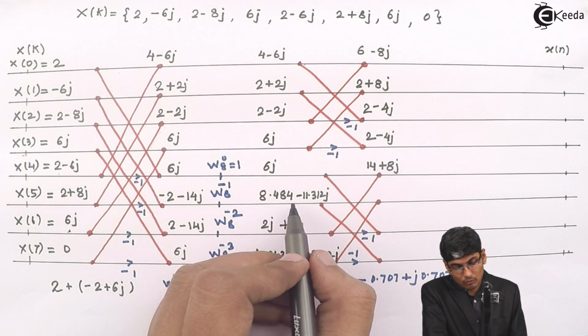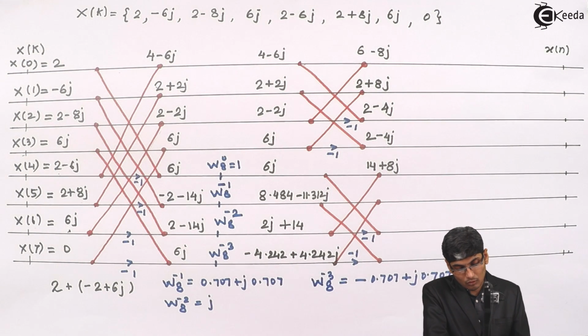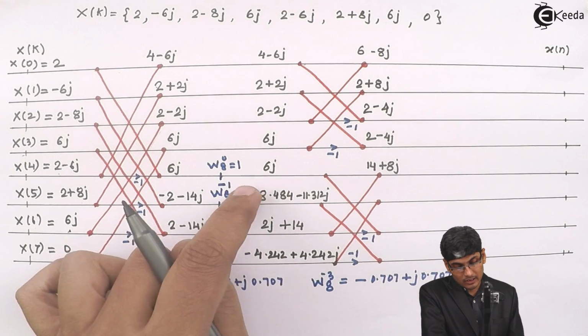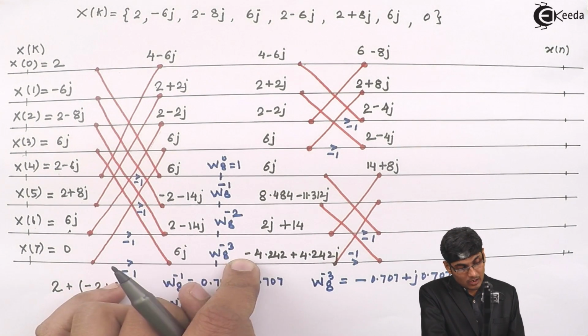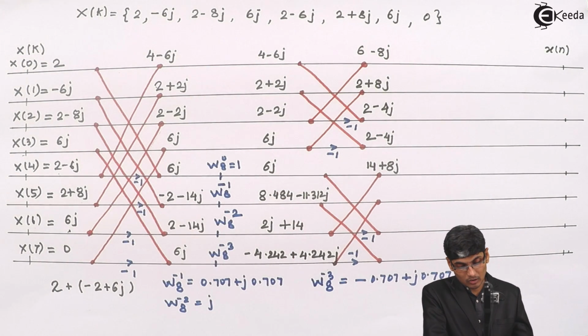Then 8.484 minus 11.312j plus 4.242 plus 4.242j. That addition we need to perform. But if you see, this will get subtracted, whereas this will also get subtracted in the upper column.